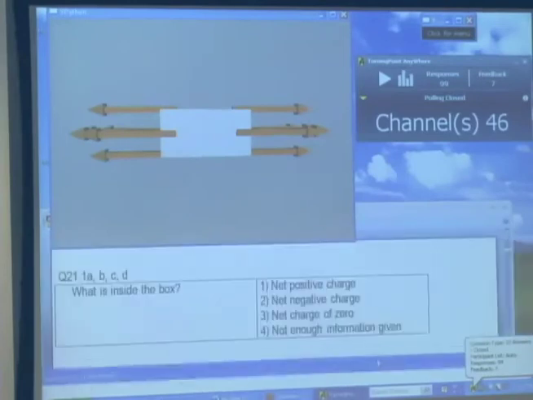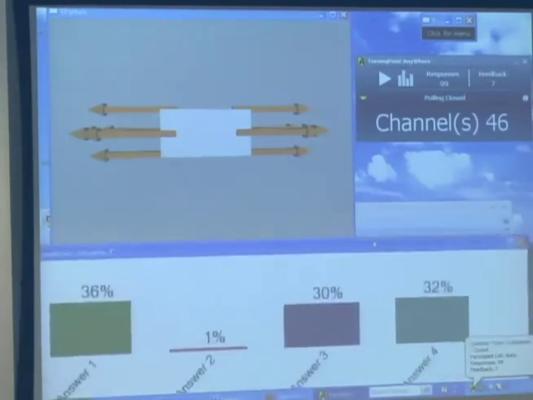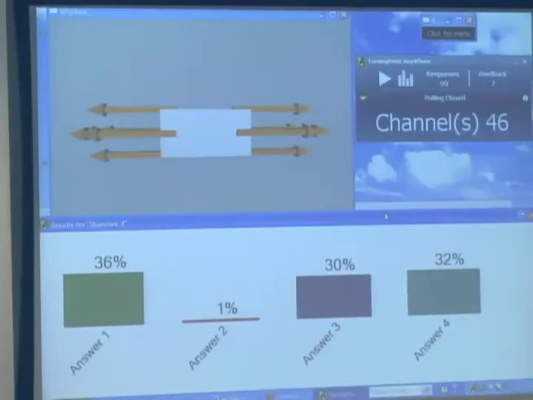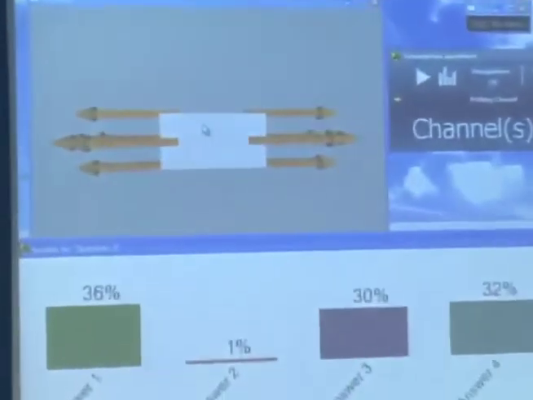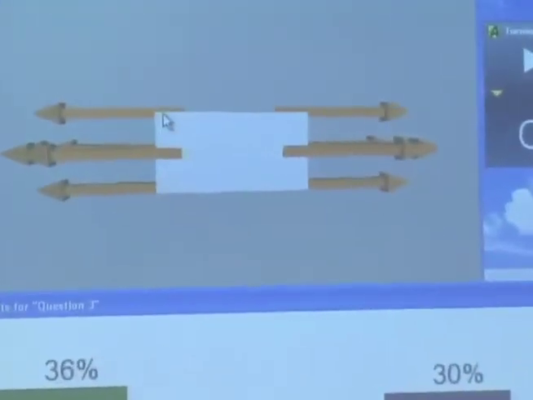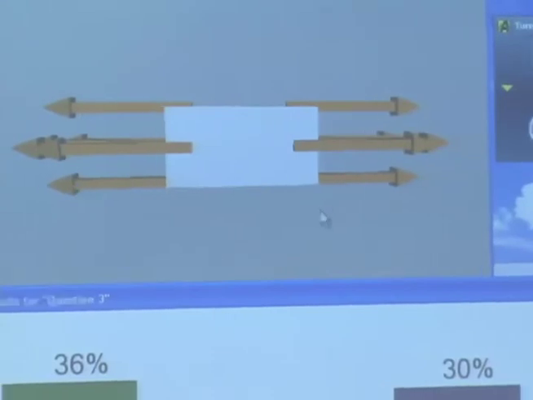Some of us are saying there is net positive charge inside, some net charge of 0, some not enough information. Those of you who said positive, why positive? It's going away, okay? There is this tendency on both sides that the electric field is pointing away from the interior. It's a little stranger than what we saw before, because the fields are all parallel on one side or the other.